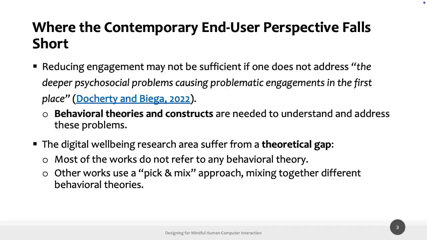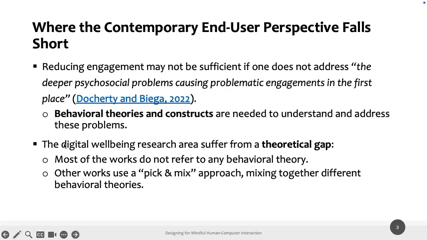So this is a quote taken from one of the papers in the panel. Reducing engagement may not be sufficient if one does not address the deeper psychological problems causing problematic engagement in the first place. And for this, behavioral theories and constructs are needed to understand and address these problems.